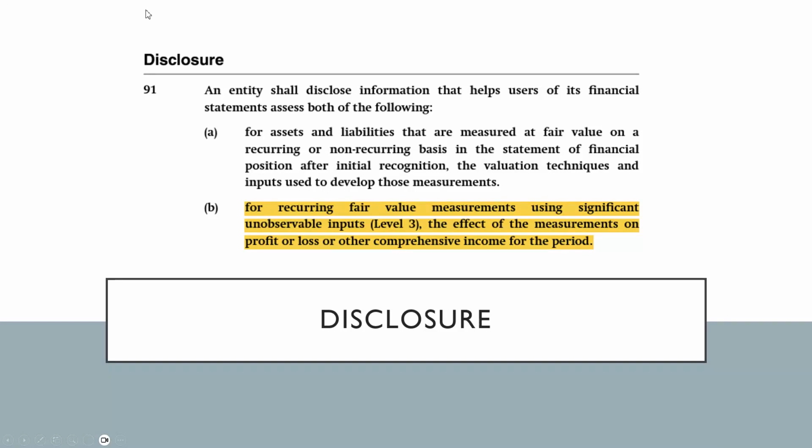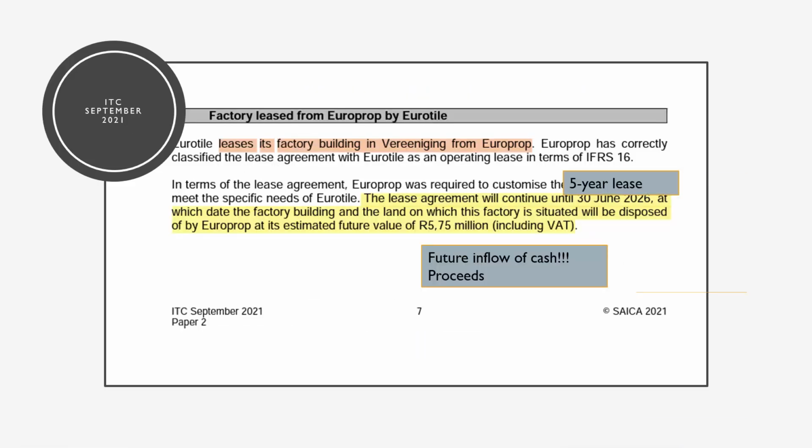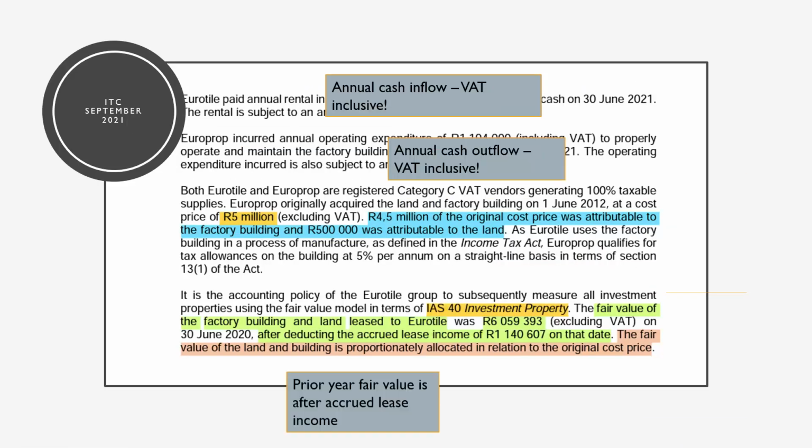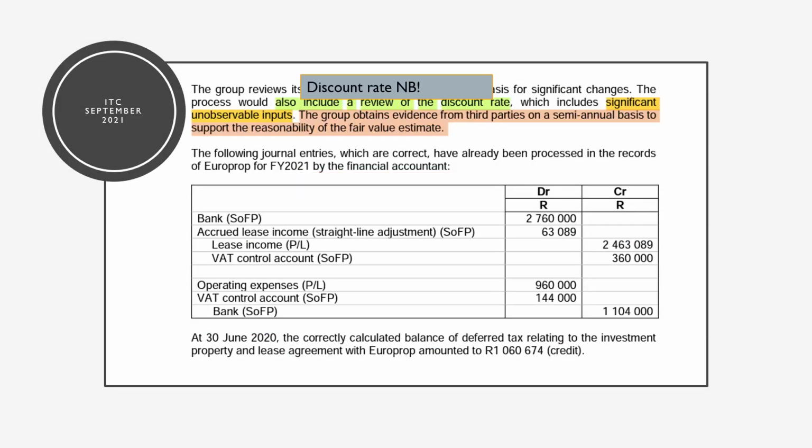So now we know that we're dealing with a level 3 investment. So what do we do with that level 3 investment? We need to note that the discount rate is really important because the discount rate is the level 3 unobservable input in this situation. So you'd have to apply the disclosure requirements for the discount rate.